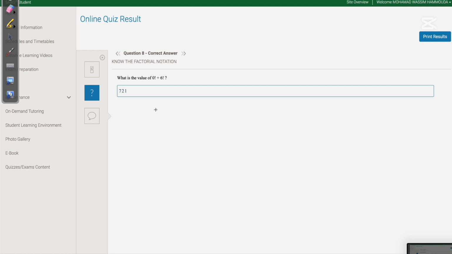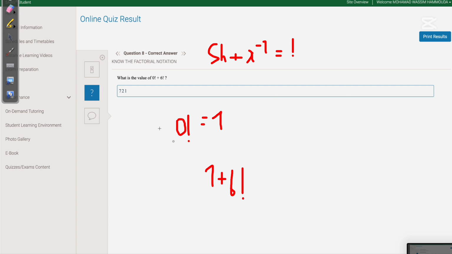Anyways, number 8, so 0 factorial is 1. And as I said, to get the factorial you do shift plus the x to the power of -1, which will give you the factorial sign. So basically 1 plus factorial of 6, which will be 721.